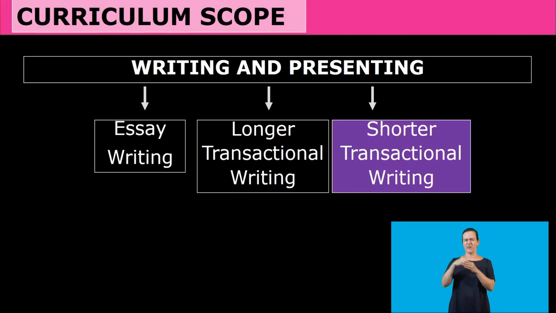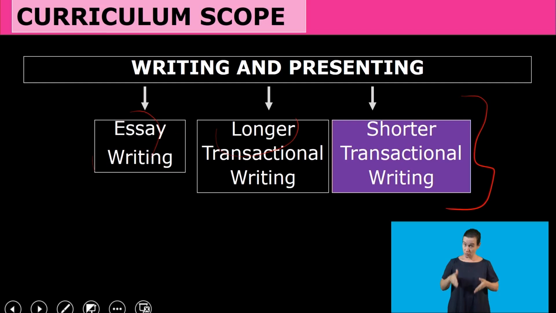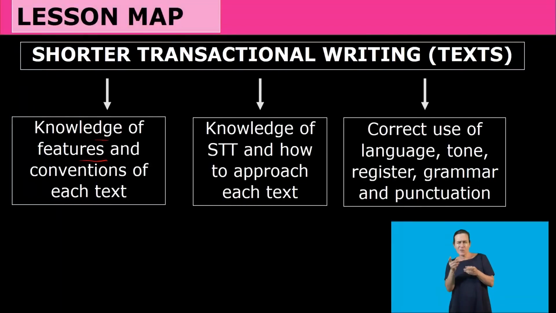Let's get started. Writing and presenting consists of essay writing, longer transactional writing and shorter transactional writing, and that is going to be our focus today. Our lesson map consists of the knowledge and features of each type of text, the knowledge of how to approach each type of text, and the correct use of language, tone, register, grammar, and punctuation.